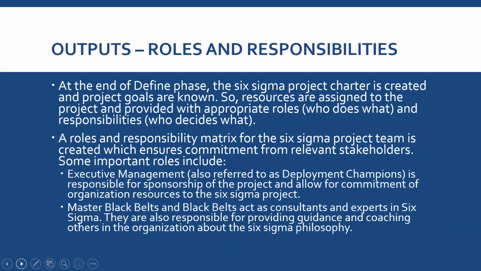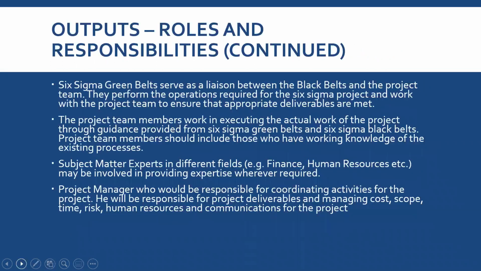They are responsible for sponsorship of the project. Master black belts and black belts are the consultants, the experts in Six Sigma. They are responsible for providing guidance and coaching for others. Six Sigma green belts are the liaison between the black belt and the project team. They perform the operations required for the Six Sigma project.